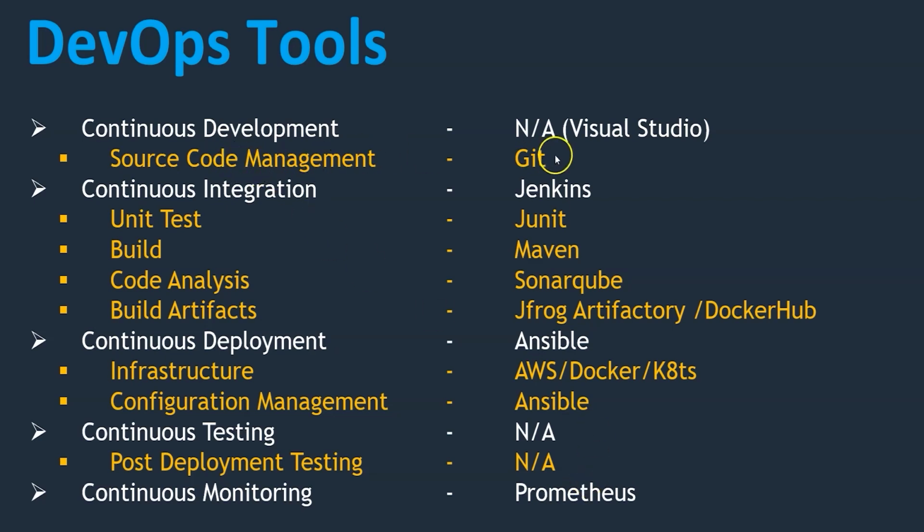So source code management, Git; continuous integration, Jenkins; unit test, JUnit; build tool, Maven; code analysis, SonarQube; build artifacts, JFrog Artifactory and Docker Hub; continuous deployment, Ansible; infrastructure, we are going to deal with AWS, Docker and Kubernetes, but in AWS we just deal with the EC2 service. Apart from that, nothing. Configuration management, Ansible; continuous testing, we don't deal with anything; continuous monitoring, Prometheus. These are the list of the tools.